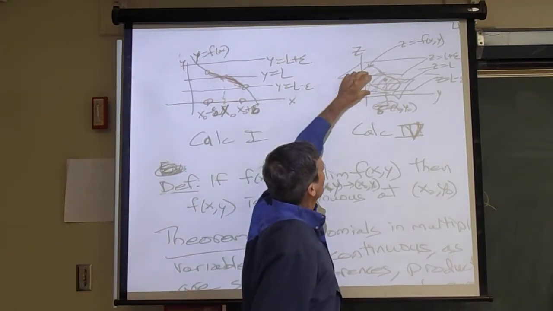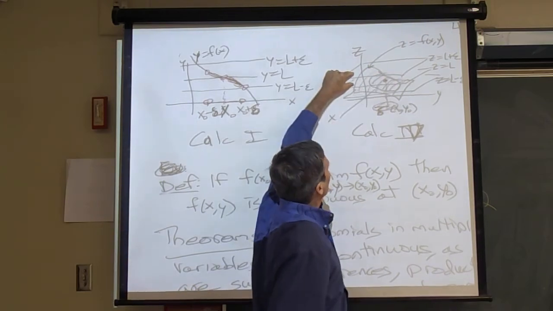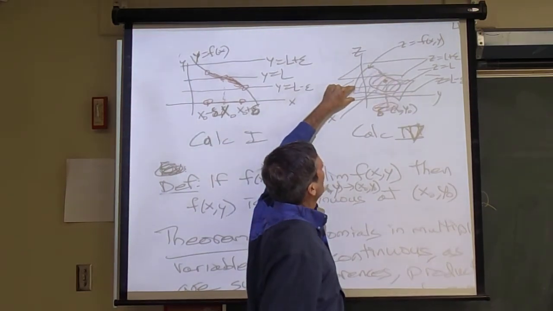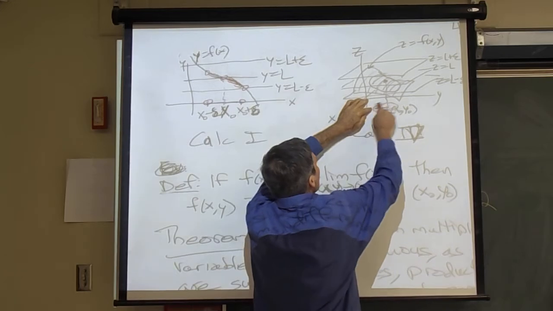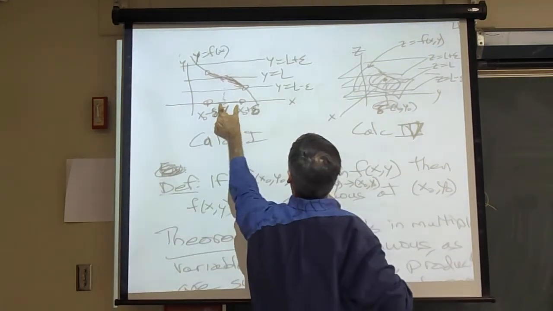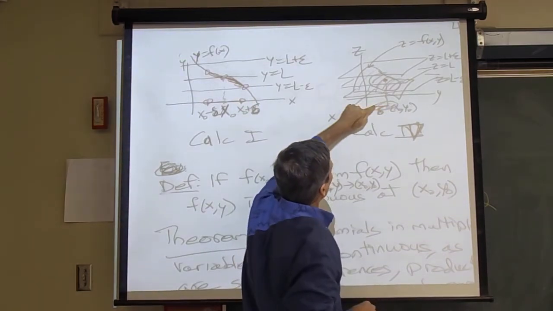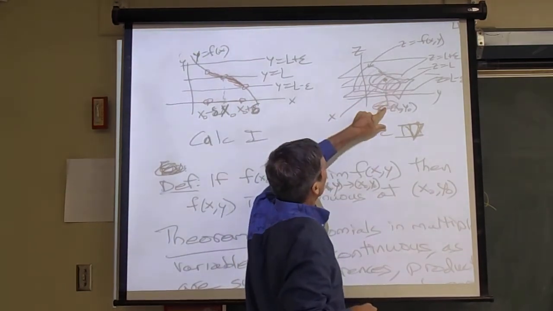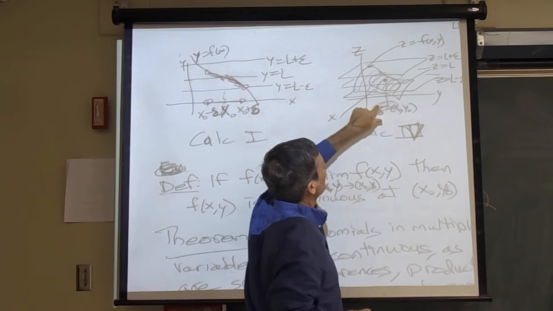If you pick epsilon this small, epsilon above and epsilon below, I just pick this little disk, and I say if you're within this distance in 2 dimensions, right, this is distance delta in 1 dimension. If I'm within a distance delta on either side in 2 dimensions, that's a disk.